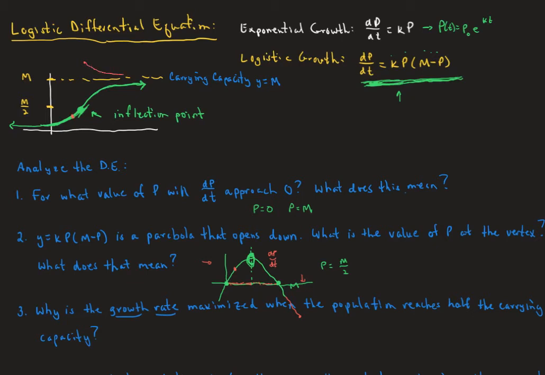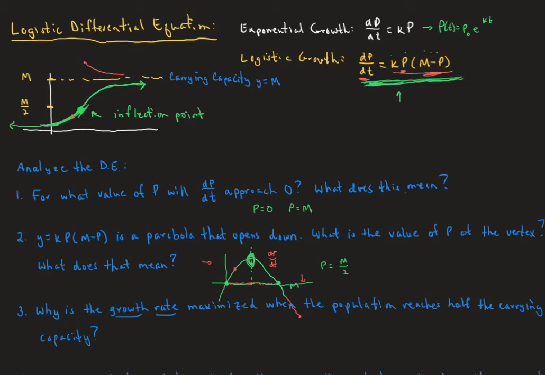Okay, so you can also see it here in our differential equation. If P is bigger than M, then that M minus P is going to be negative, and this P would be positive, which is going to make our dP/dt negative, which means it's going to be decreasing. The idea being that no matter what your initial population is, it's going to get pushed over time towards that carrying capacity.